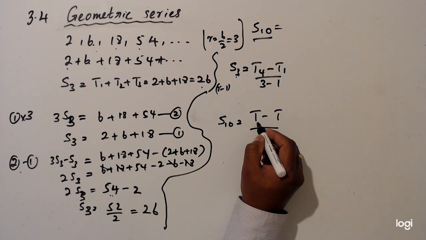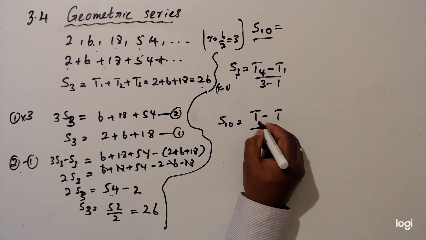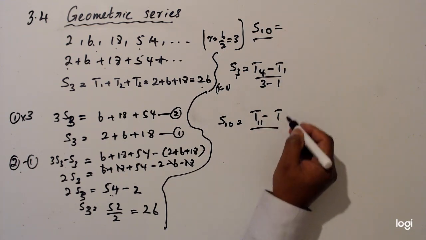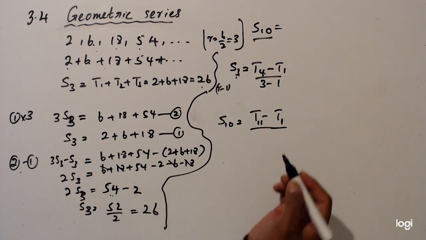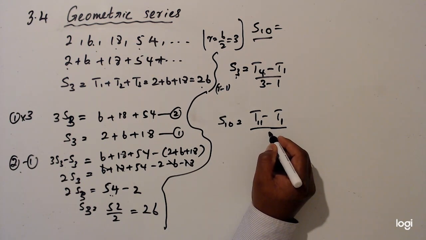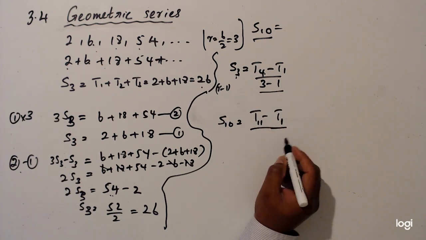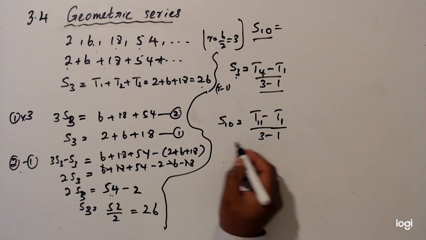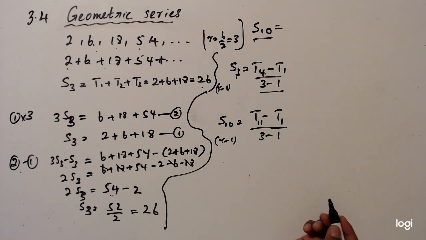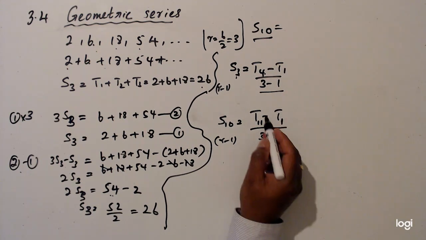If this is 3, this is 4, this is 10, this is 11, and this is as usual term 1, over 3 minus 1, which is r minus 1. Now what is t11?